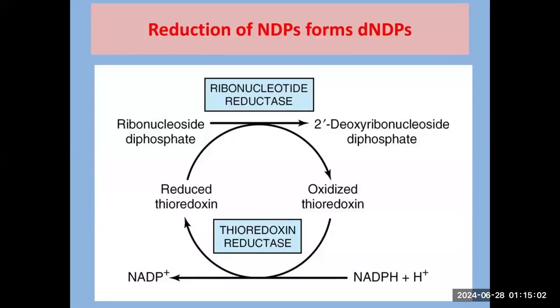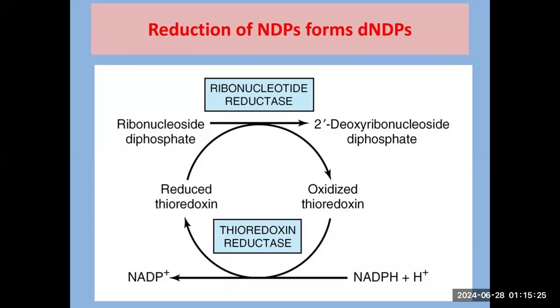Now, conversion of nucleotide diphosphates to the deoxynucleotide diphosphates, because remember that deoxythymidine is the nucleotide present in the DNA. It contains, instead of ribose sugar, a deoxyribose sugar.